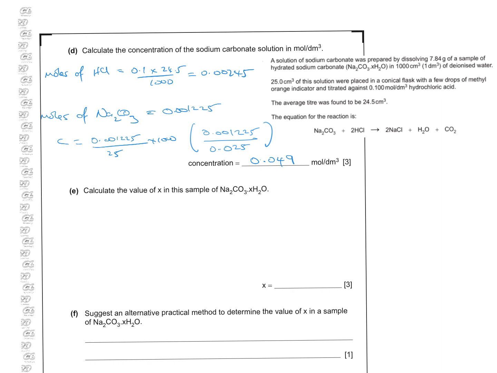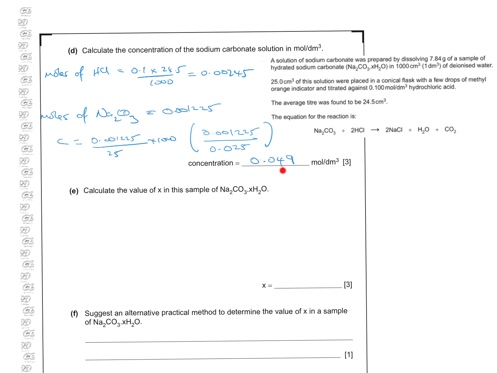On to E, calculate the value of X. Okay, so we've got the mass of the sodium carbonate, which is up here, 7.84 grams. And we know that the concentration is 0.049 moles per cubic decimetre.